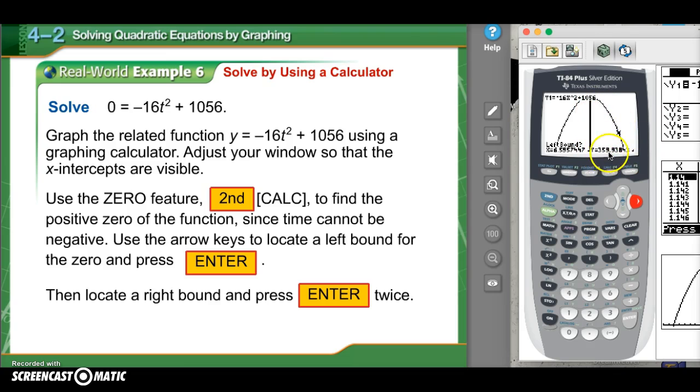It's positive, about 360. Hit enter. Then it's going to change to right bound. You want to scroll some more until the sign changes. It's positive right now. Notice the y value is positive. You want to scroll until it changes to a negative value. Getting pretty close. All right, negative 45. Once you change signs, hit enter. For your guess, you don't have to do anything, just hit enter again. And it's going to tell us the 0 happened at 8.1240384.